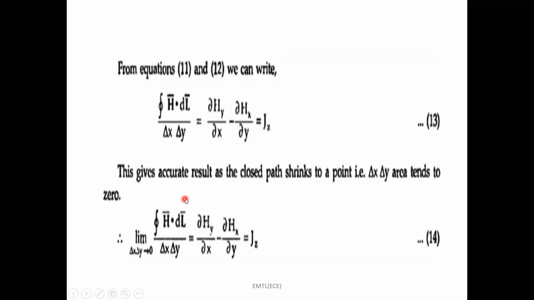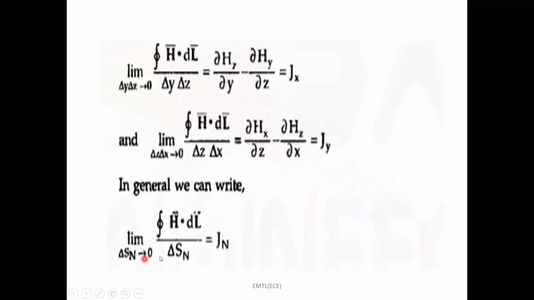In a similar manner, we also calculate the magnetic field intensity at the point P due to the closed path when the current travels in the y direction and the x direction. So these are the expressions.